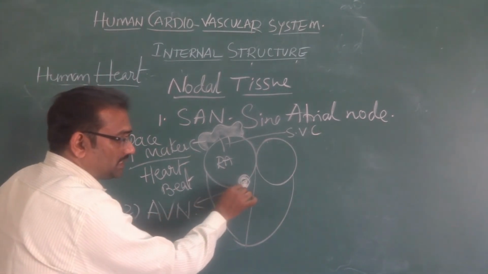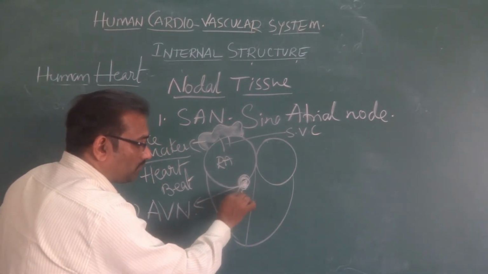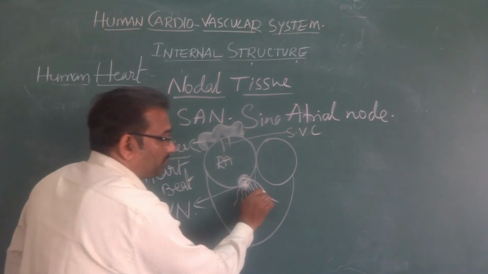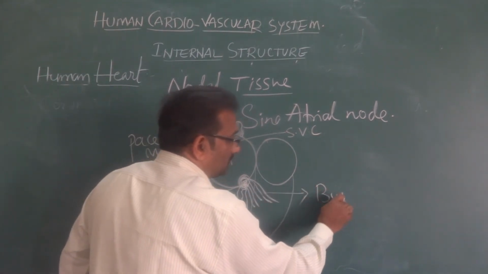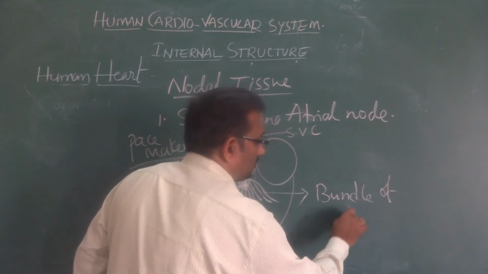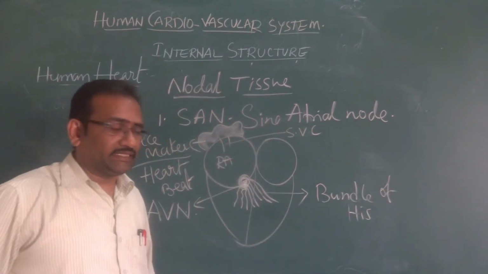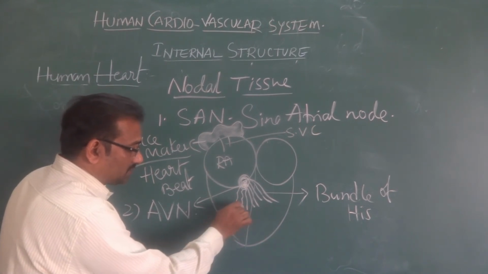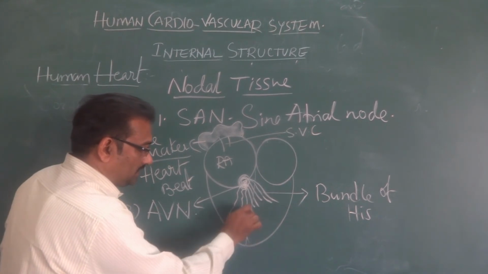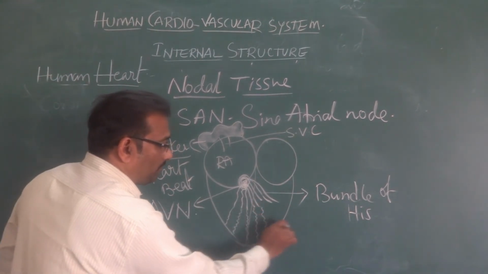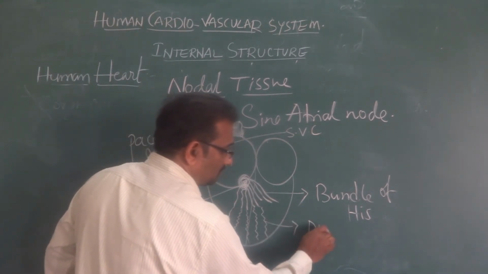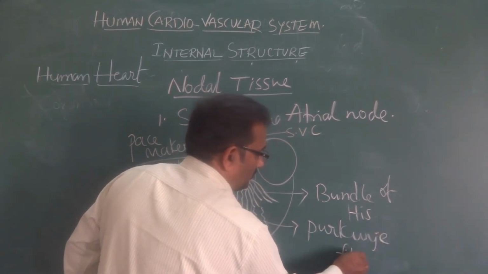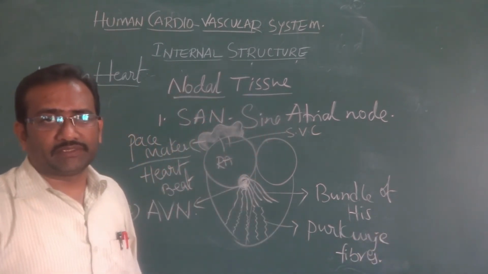From this atrioventricular node, a bundle of fibers arises, and it is called the bundle of His. From the bundle of His, small fibers arise, and these small fibers are called Purkinje fibers.